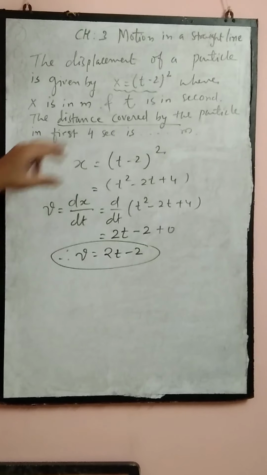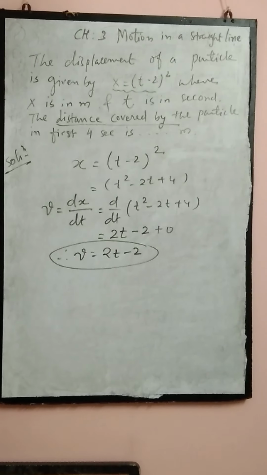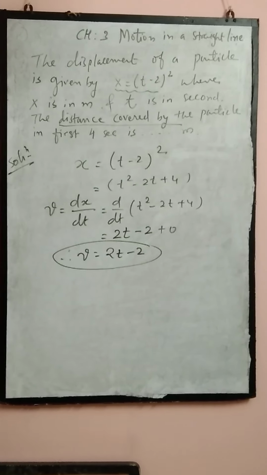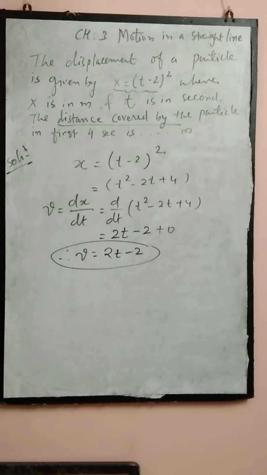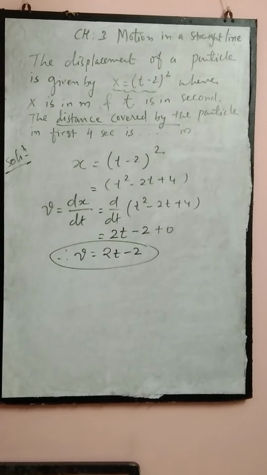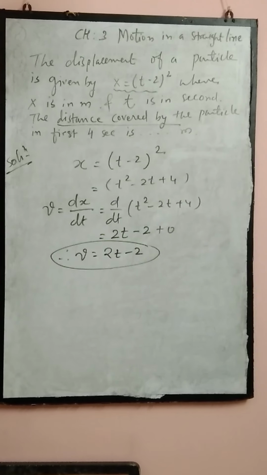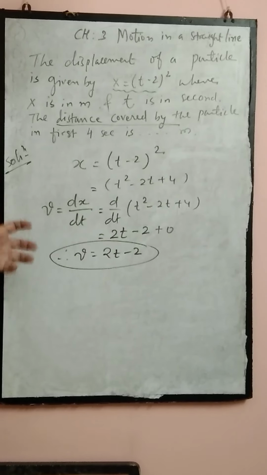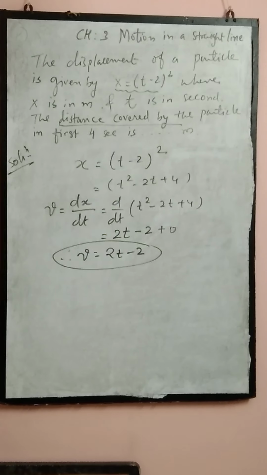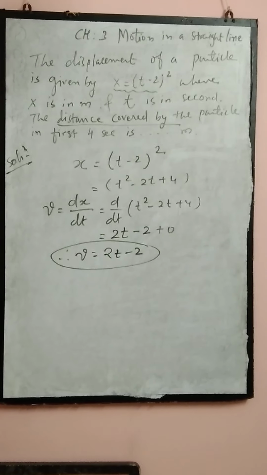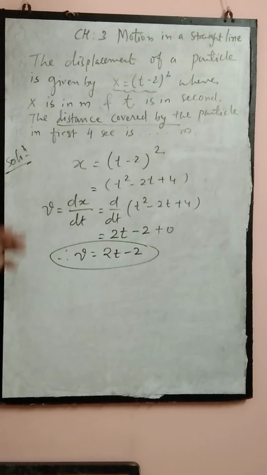We just want to obtain the distance covered by the particle in the first 4 seconds. Now, distance is a scalar quantity. Velocity is a vector quantity. So how do we get distance from velocity? Here it is very easy.